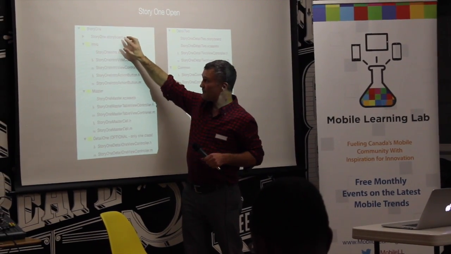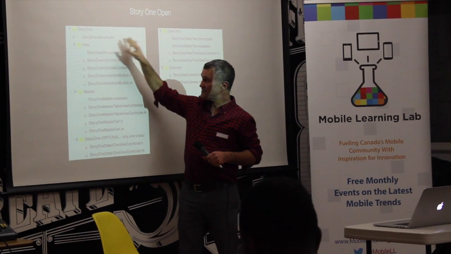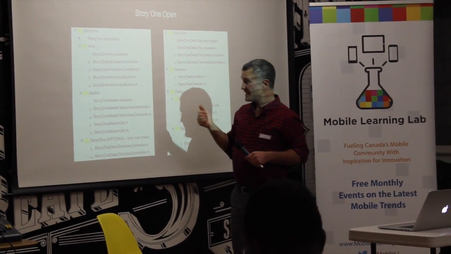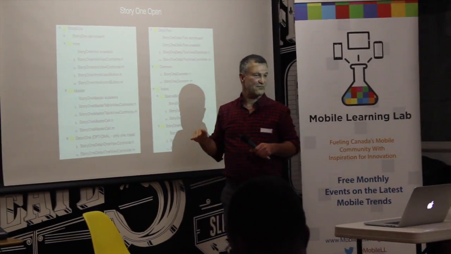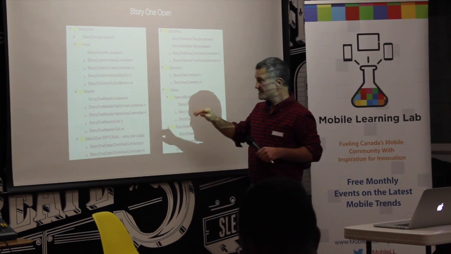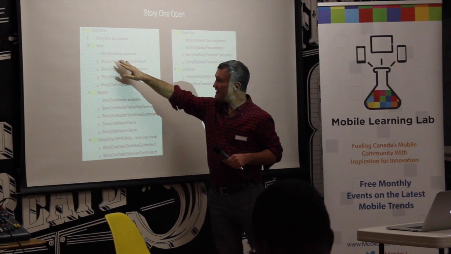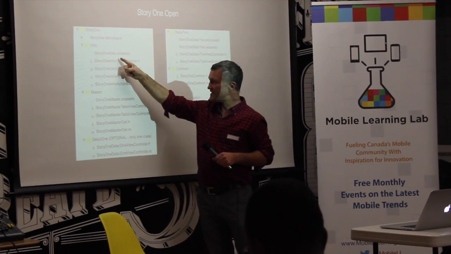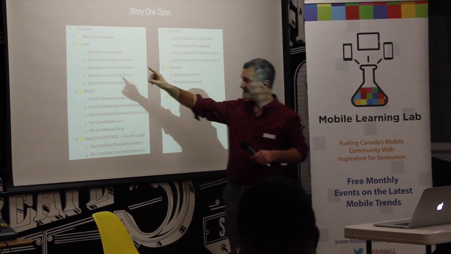But the story one storyboard is under story one, and that includes all scenes that would be in story one, except for any scenes that have been pulled out for whatever reason. So that's your access to story one. In the intro, I've actually thrown in an XC assets file. So what this ends up being is all graphics for the intro.